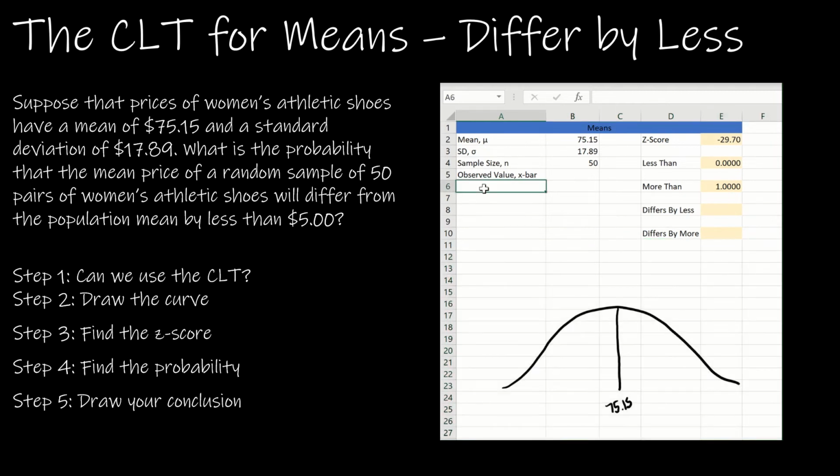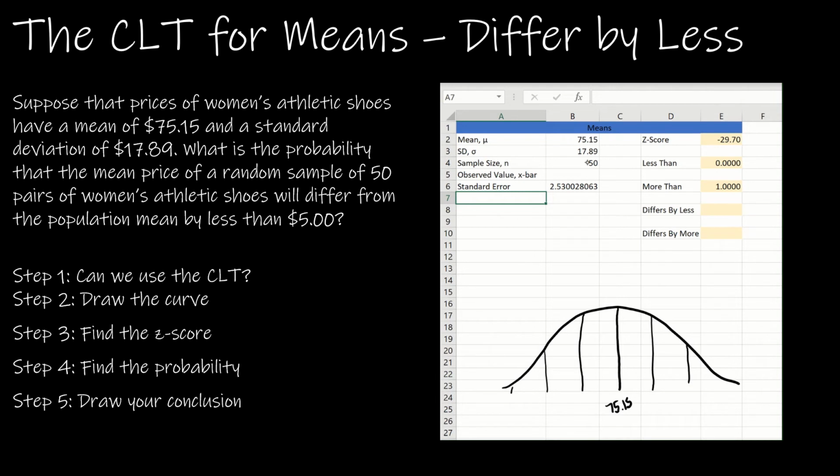So again, if you want to add back in that standard error, which is the standard deviation divided by the square root of the sample size, that gives you a better picture perhaps. So 2.53 would be every time I draw a bar, that's $2.53.